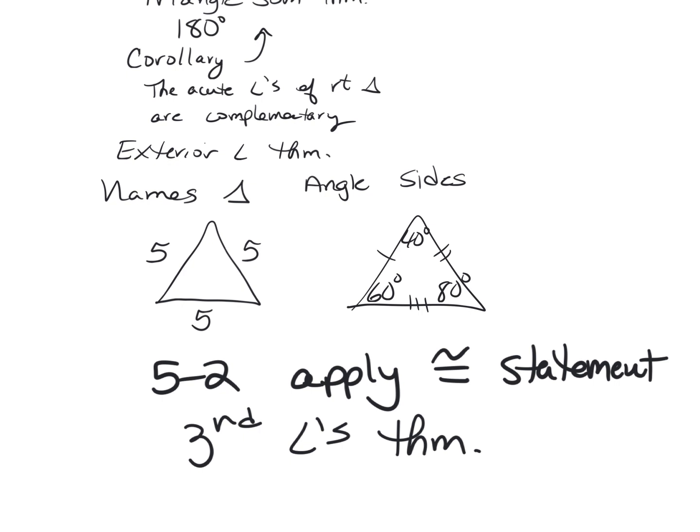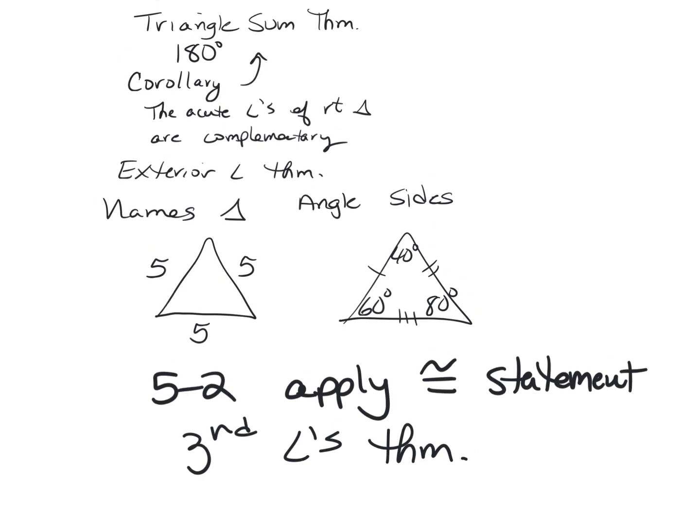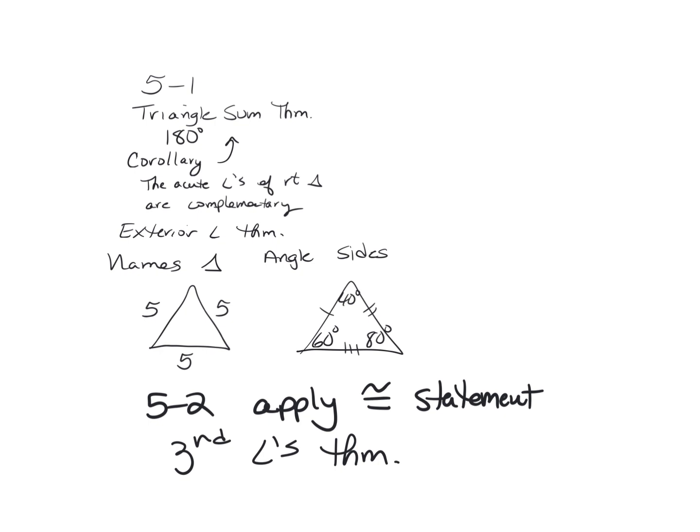Or be able to use the triangle sum. If you have 2 of them, add them and subtract from 180. So that's basically your information for the quiz.